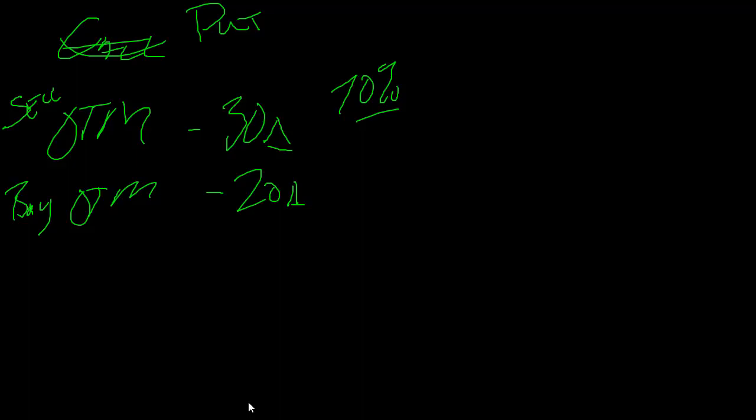Okay. The one you sell is always the closest to the money. And we're going to talk about the setup here for a second. Okay. Well, that's what we're going to spend most of our time on today, is an actual setup, how to put these together.